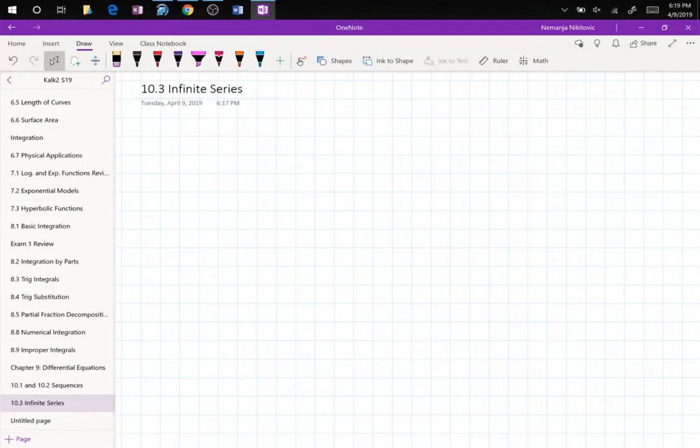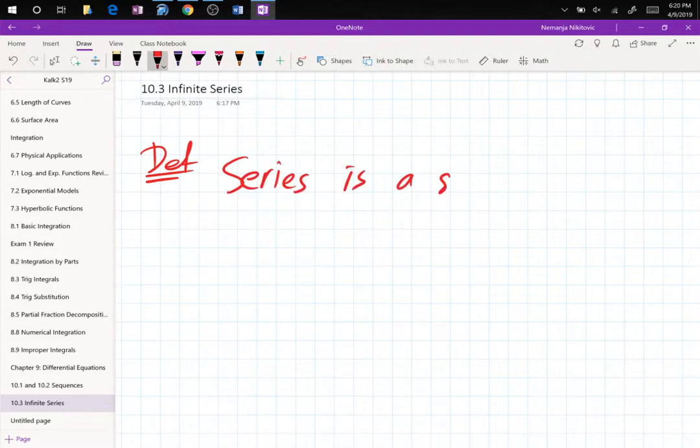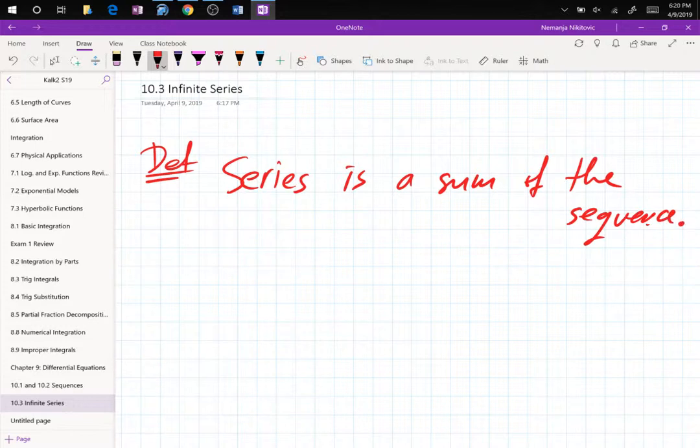Hello, series. The rest of the chapter is on series, and we start with the definition. A series is the sum of a sequence, and the notation is the summation symbol of a_n, where your n starts, let's say, at 1 or at 0, doesn't matter.